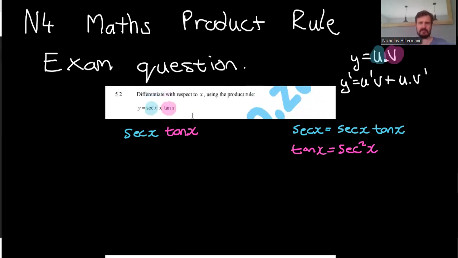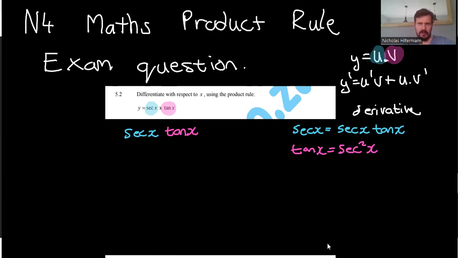So the product rule states that we must find, okay, so remember then if this is the derivative on this side. So the derivative of sec x is sec x tan x.